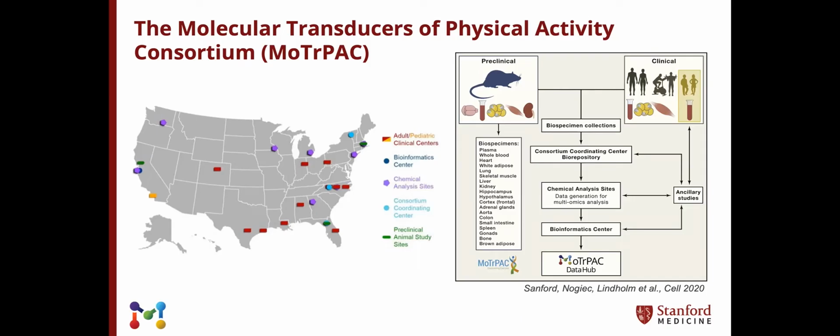There is one bioinformatics center that I represent here at Stanford, and we gather all the data from both the clinical and preclinical sites as well as the chemical analysis sites to process all of this data, work on analysis in collaboration with the entire consortium, and also share this data through the MoTrPAC Data Hub.